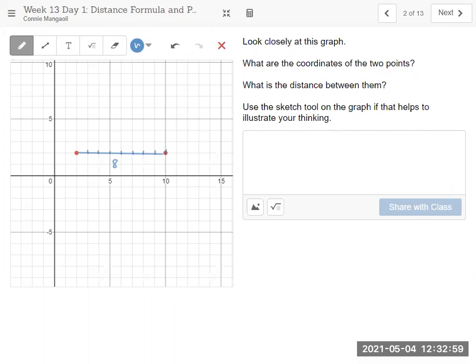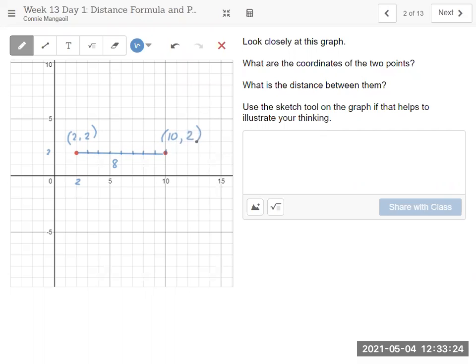However, okay, let's look at this. Let's write down the coordinates of these points. The point on the left side has coordinates 2, 2. And the point on the right side has coordinates 10, 2.